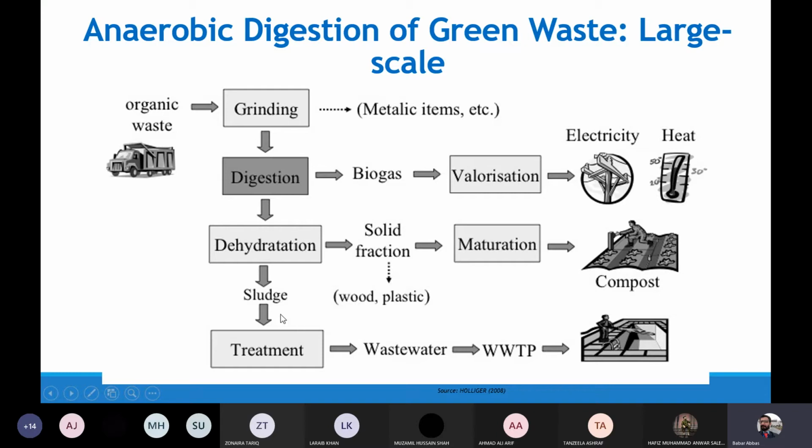This slurry can be utilized as maturation fertilizer and compost, and can enhance the yield of our soil and crops, while the biogas can be burnt or converted into electricity and heat. So these are the two products which are being produced, and these can be used for many benefits.